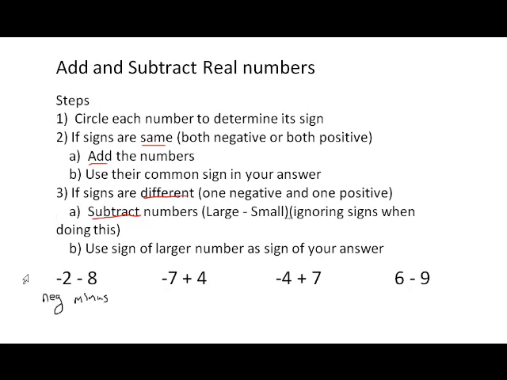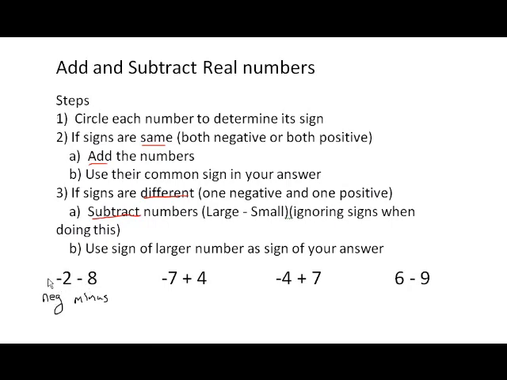Why do you call this sign right here a negative, but this one a minus? So that's the big problem a lot of people have. Why do you call this a negative, but this a minus?